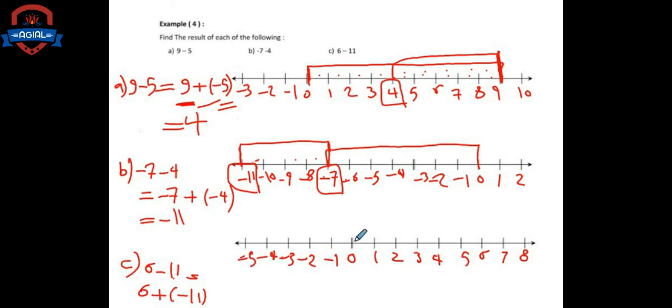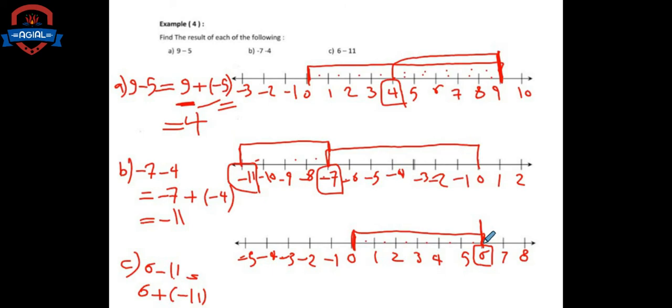We start from 0 and move to the right the absolute value of 6. So we have 1, 2, 3, 4, 5, 6. So we move to the right and stop at 6. Then we have the number 6. So we start from 6 and we move to the left the absolute value of negative 11.